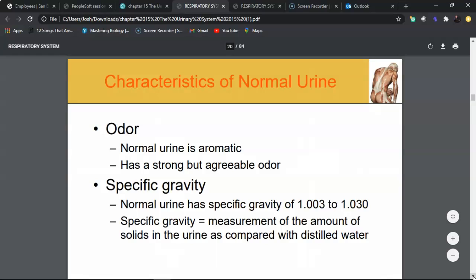What those numbers mean is just that the higher the number, the more solute compared to water. Water has a specific gravity of 1.000, so when you add solutes to that, depending on how many, the number will get higher. Sometimes when we have an infection, we'll notice that the specific gravity goes up as well, because the pus and the white blood cells can take the place of a solute and cause the specific gravity to go up.